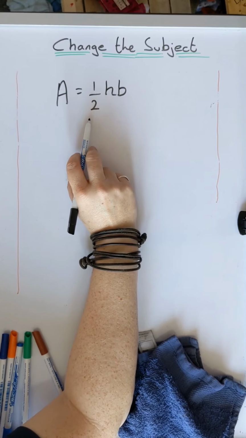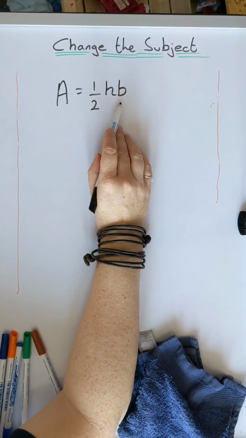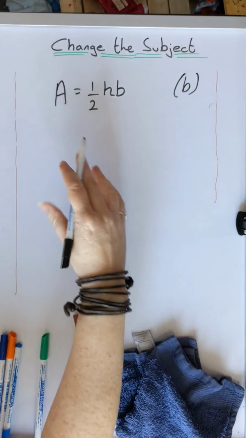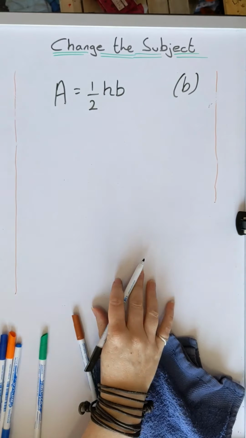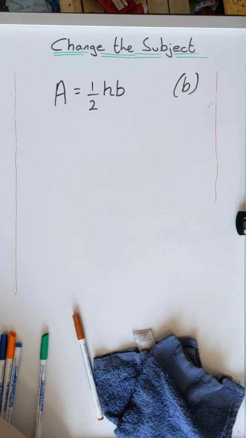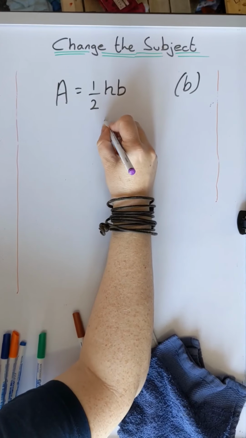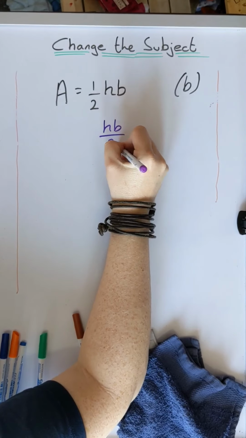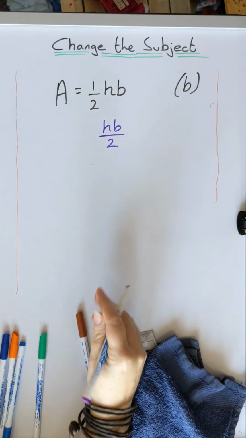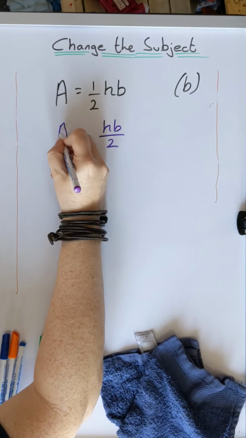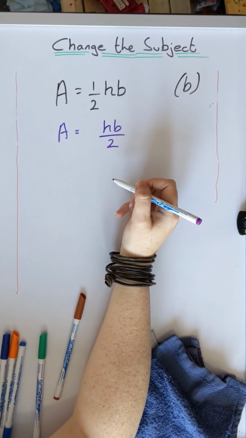Now if this time we're looking for the breadth again, we've got a little bit more we need to do. There's a couple of ways I could have written a half HB. I could have written it as HB over 2. It's exactly the same thing, but written like that makes it a little bit more obvious what to do first.